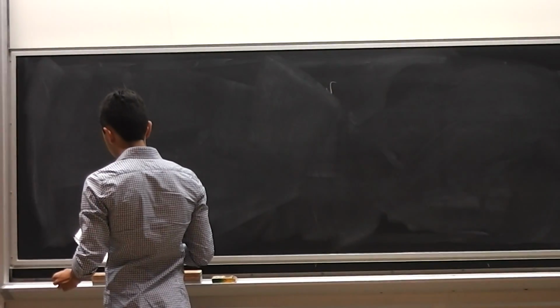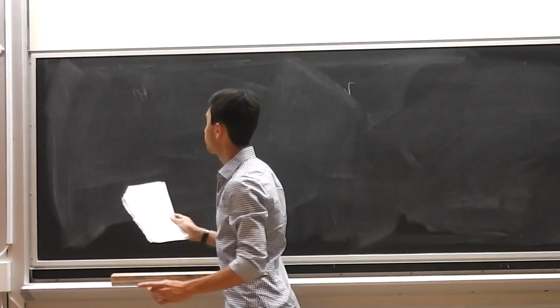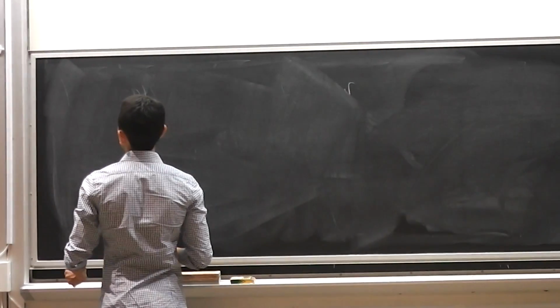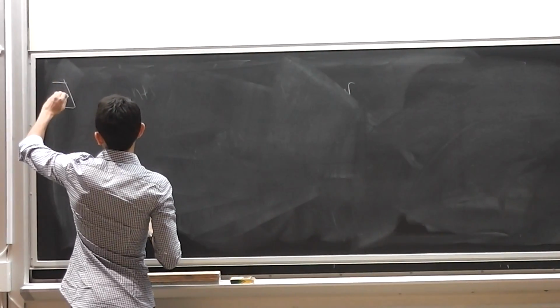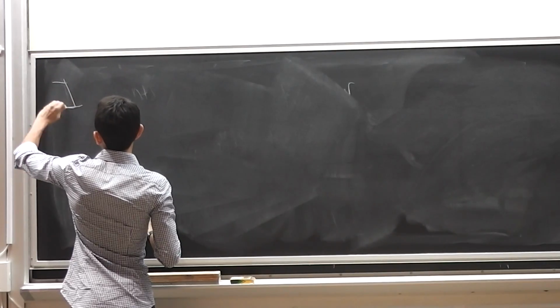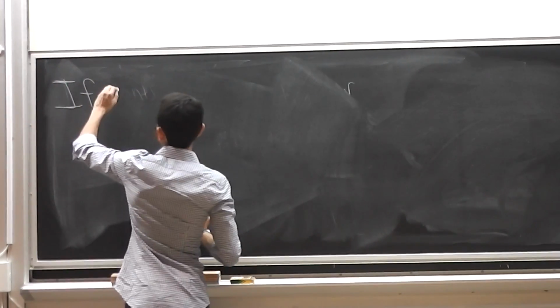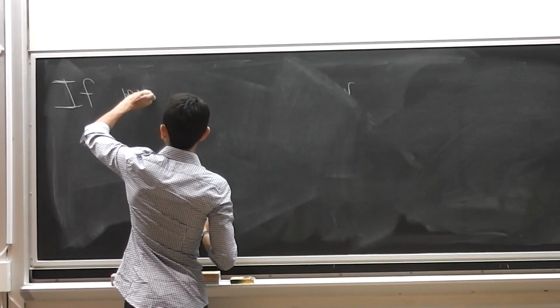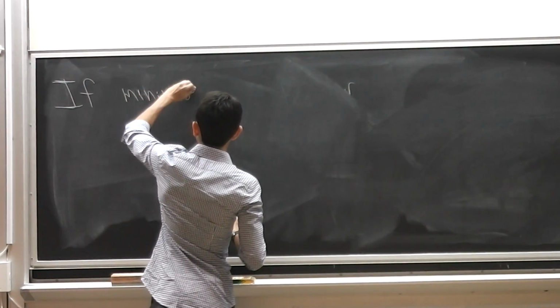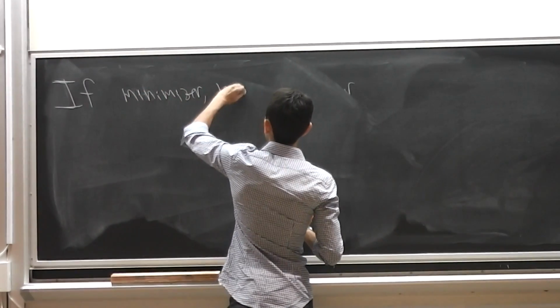There are some simple tools that we use a lot in our paper. The first one is, well, first we need to observe that if there does exist a minimizer, it must be connected.